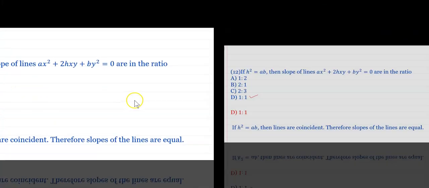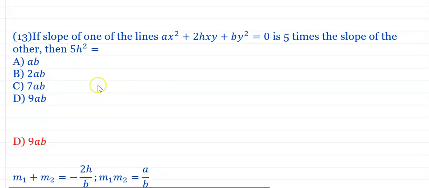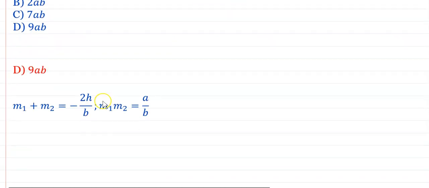Now the next. If the slope of one of the lines ax square plus 2hxy plus by square equals 0 is 5 times the slope of the other, then 5h square is equal to. Now see this important formula.